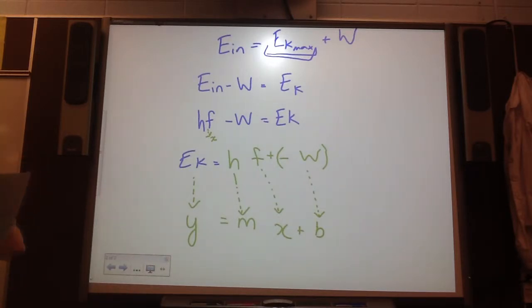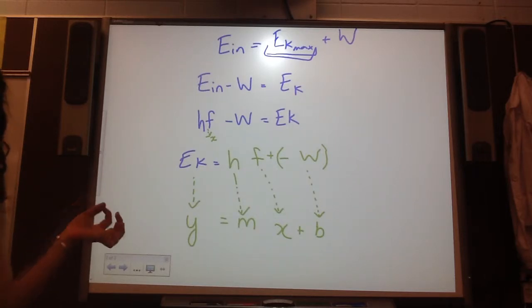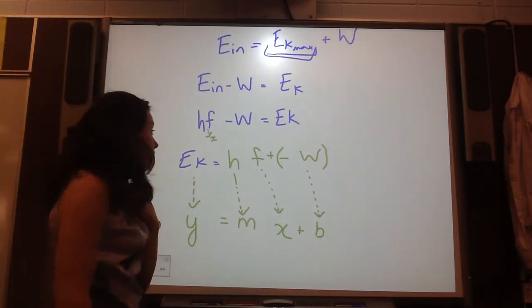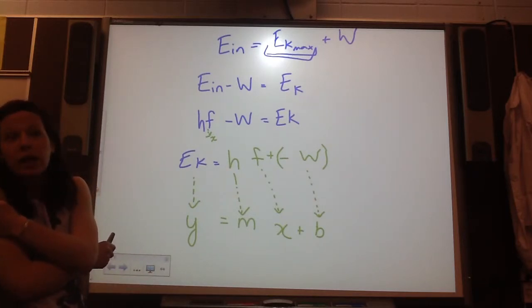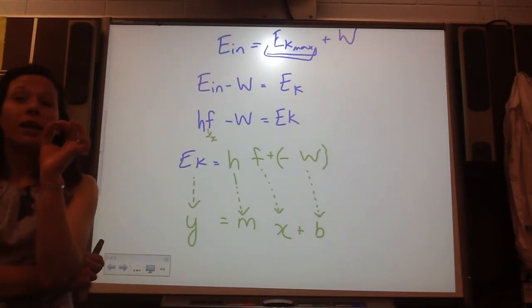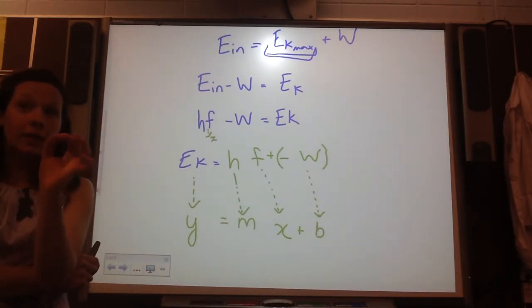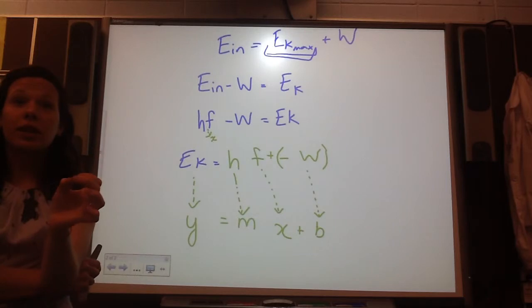It says, for B, what is the significance or meaning of the slope? Well, what is slope here? What variable is it? It's h, Planck's constant. That's really important, because this is kind of how Planck's constant was developed: the slope of every line done for these experiments was the same, regardless of the metal, regardless of the light.